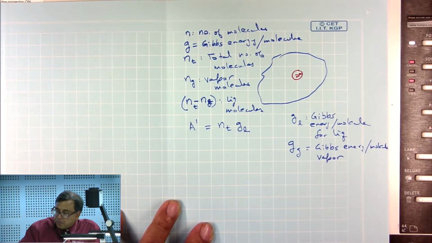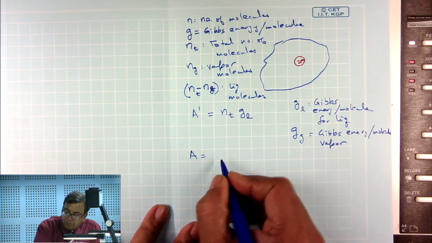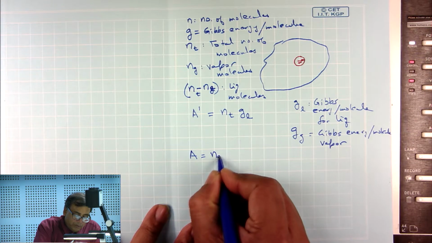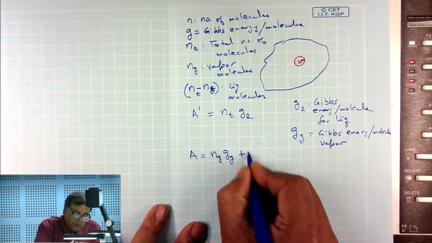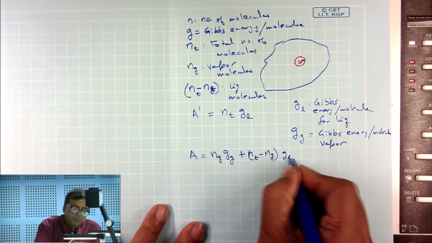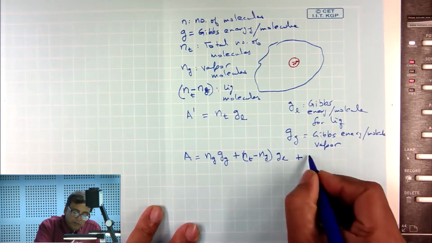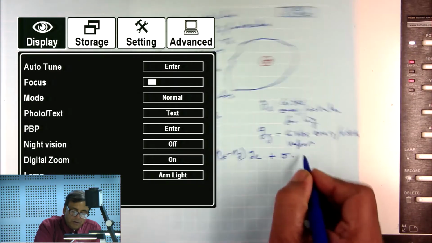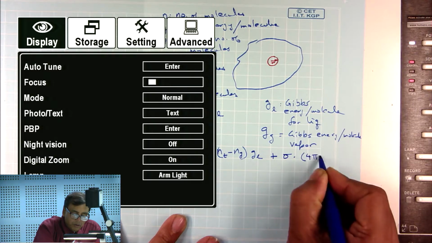But now that the vapor bubble has formed, my current availability will be equal to the number of gas molecules times the Gibbs free energy of the gas molecules plus Nt minus Ng times GL, and because I have formed an extra interface between the liquid and the vapor, plus sigma times the area of the bubble, which, if I assume it is a spherical bubble, is 4 pi r squared.